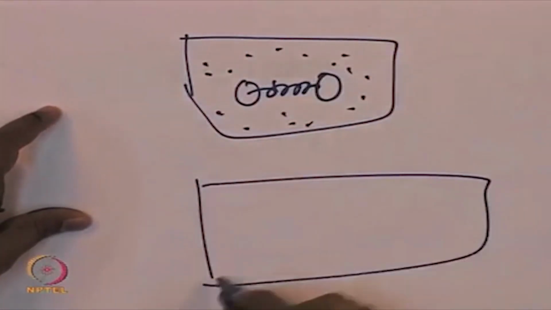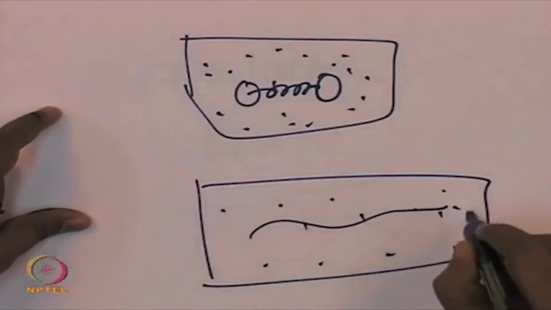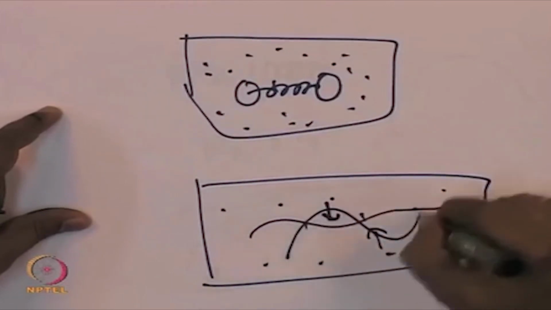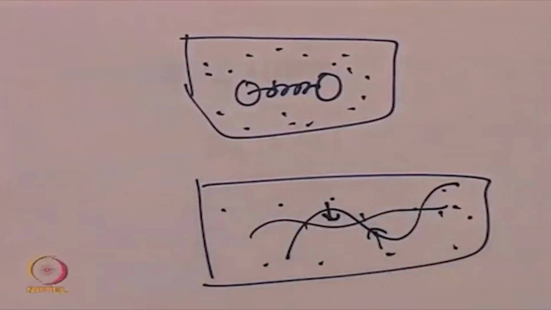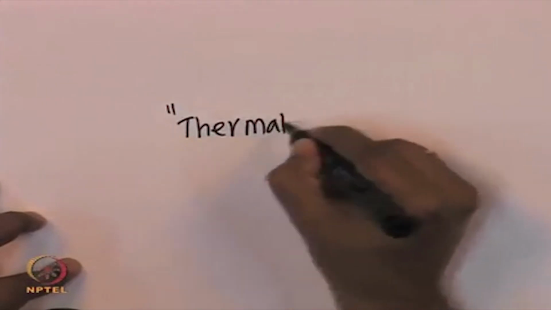If you have a filament like DNA in water, because of this thermal motion, because of molecules coming and hitting it, it will start bending. So, all the biomolecules will start fluctuating. If you think of a biomolecule, it will just start wiggling in water. This is called thermal fluctuation. Let me write this word: thermal fluctuation.